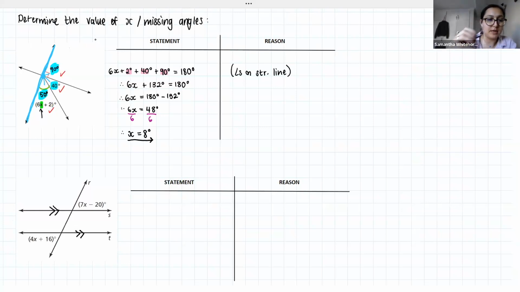I'm also maybe going to make your life a bit easier here and add some labels, because a diagram without labels often gets quite confusing. Okay, there are some labels for you.